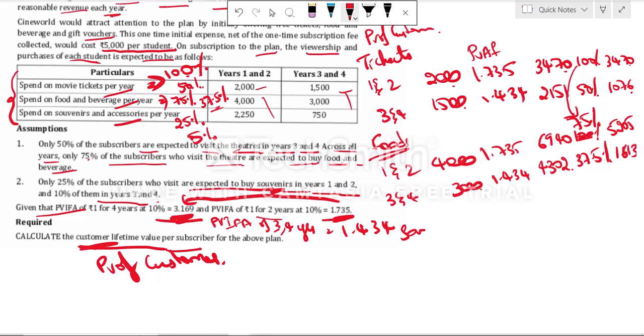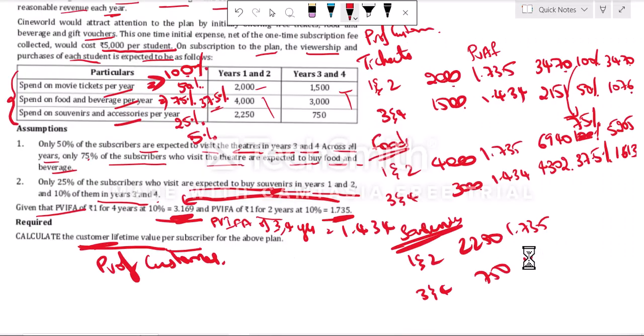And for souvenirs, in years 1 and 2 it is 2250, and in years 3 and 4 it is 750, with factors 1.735 and 1.434.